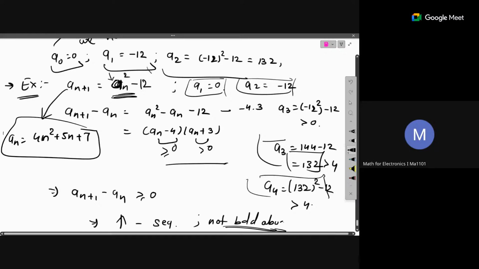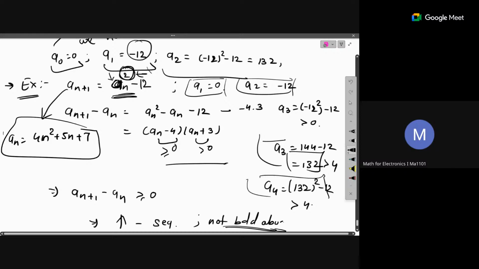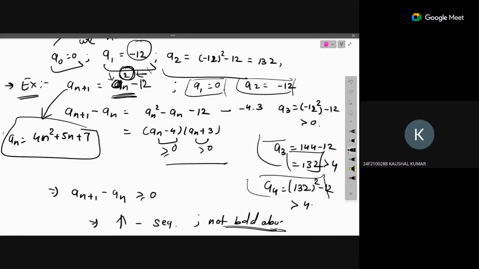Since this power is 2, no matter what I take, it will blow up, right? Yeah, exactly. Even if I get minus 12, it does not matter. Ultimately it will give a very large quantity because of this positive 2. Okay, thank you. Because we are squaring, the number will be large.